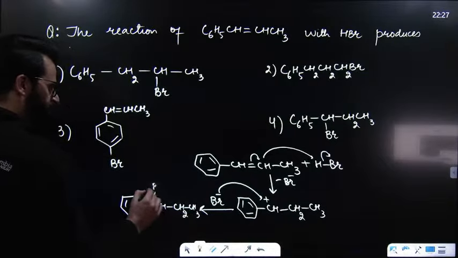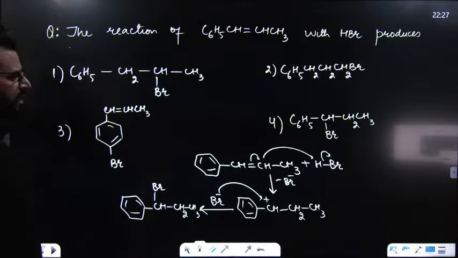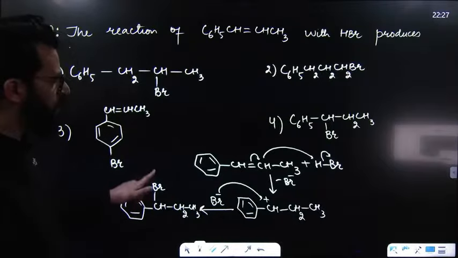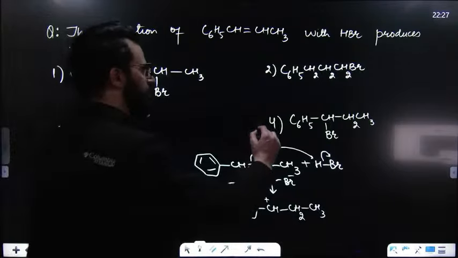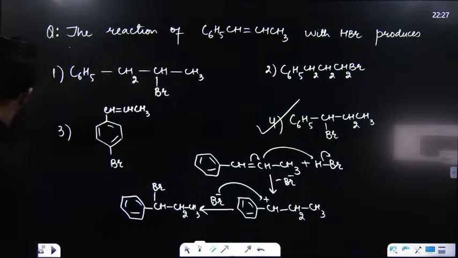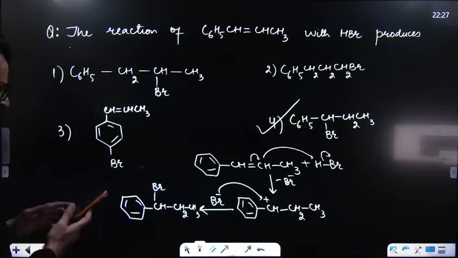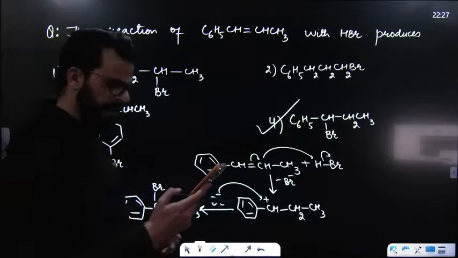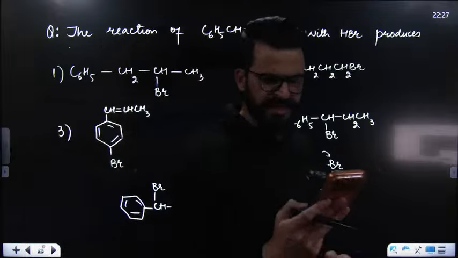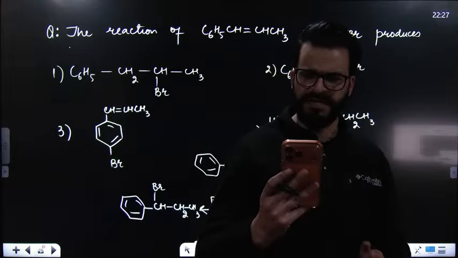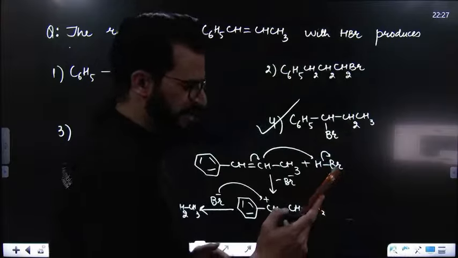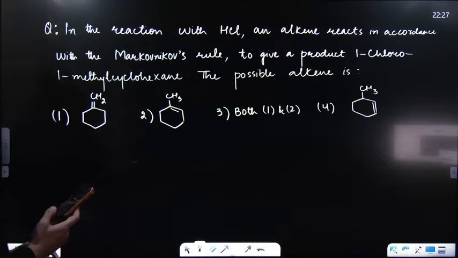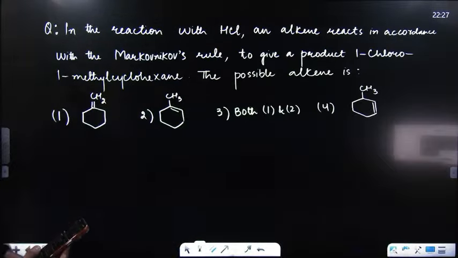So which option is the right option? That means C6H5CHBrCH2CH3. This will be the right option of this question. Exactly, 4 is the right answer. God bless you all. Exactly. Now, after this, we have this question.